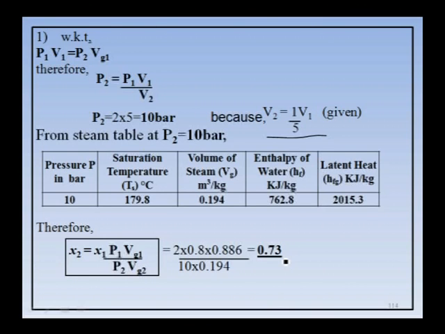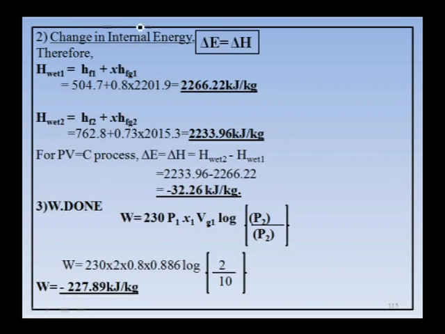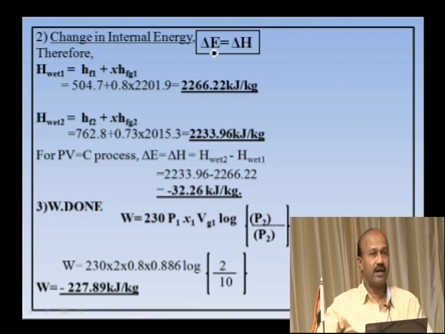Okay. Next, change in internal energy. In a hyperbolic process I had already told you delta E is nothing but delta H. No need of finding delta E by using longer relations, you just find delta H. The initial condition is wet, therefore I have taken H wet 1 equals HF1 plus x1 HFG1, and you get 2266.22.